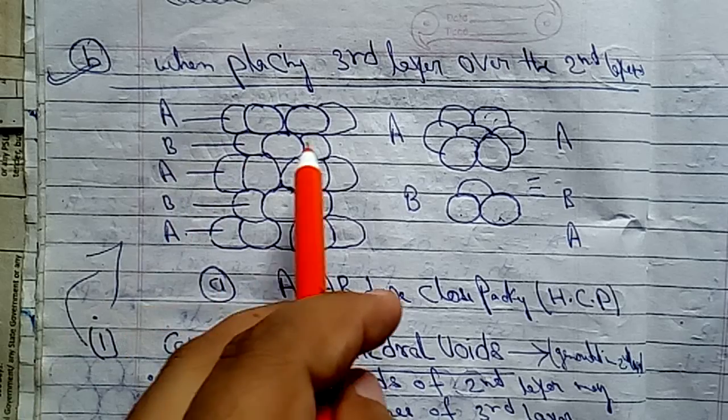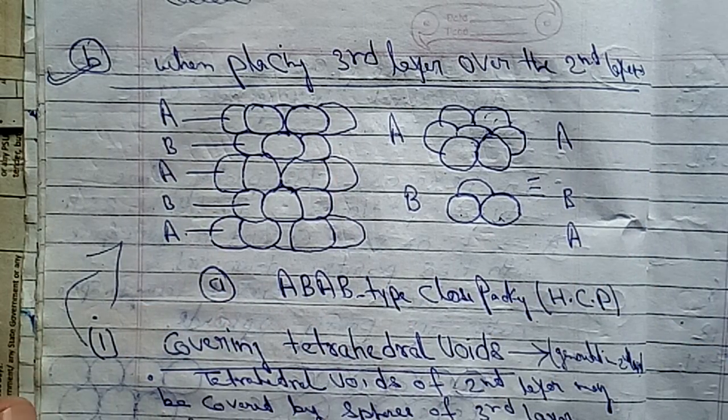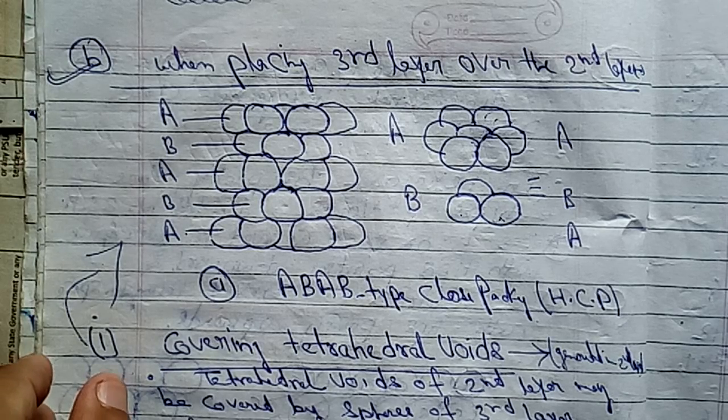Now, when placing the third layer over the second layer, try to understand that things get more complex. We saw one dimensional, that was easy, two dimensional, that was also easy, and in three dimensional we started placing the second layer over the first layer, so that was also easy.